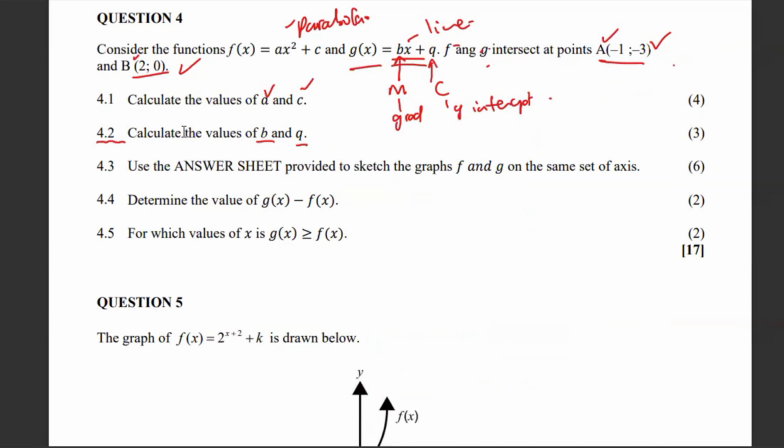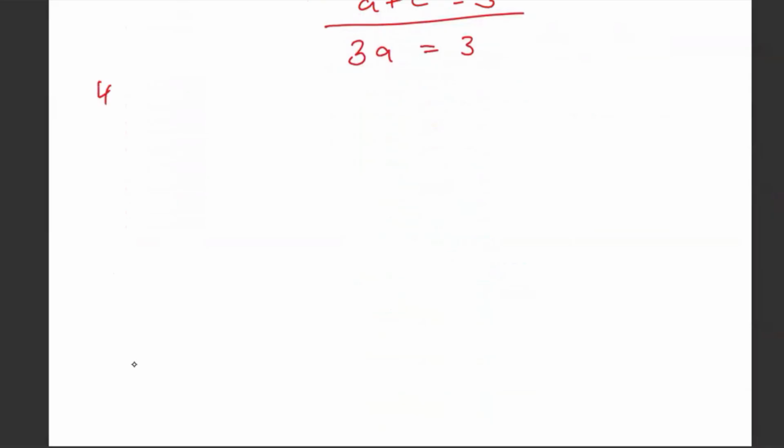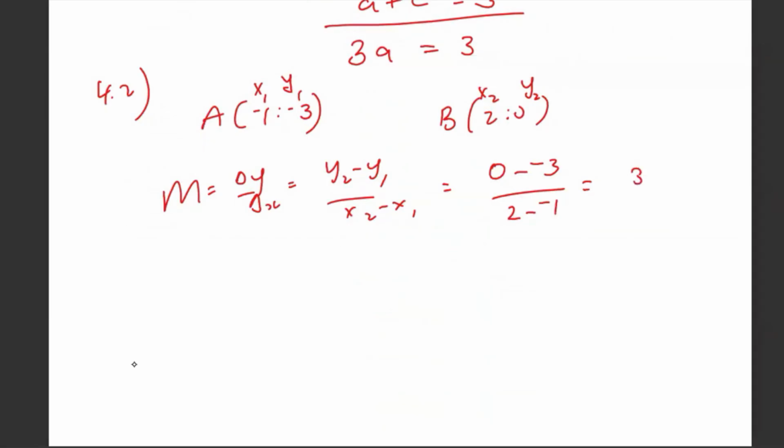So with the gradient, A is (-1, -3), B is (2, 0). Gradient is change in y over change in x, meaning y2 minus y1 over x2 minus x1. So I'll have 0 minus -3 over 2 minus -1. This is 3 over 3, which is 1.